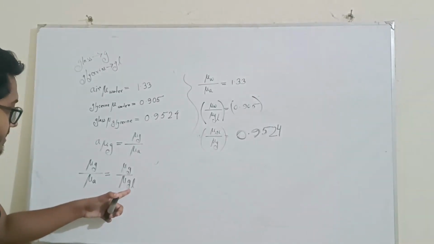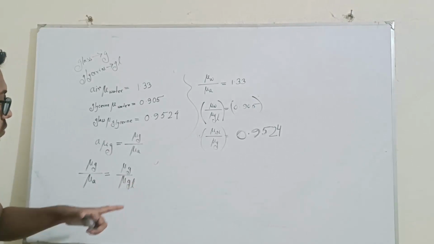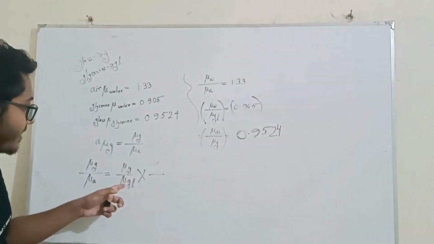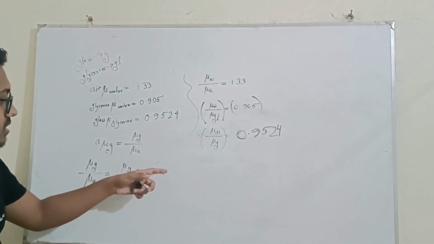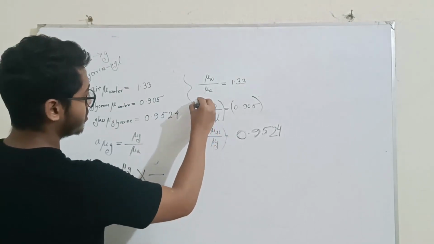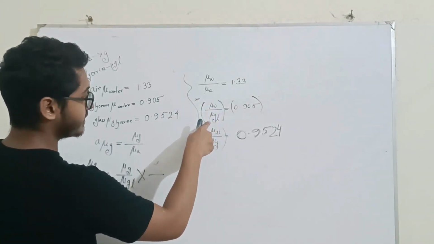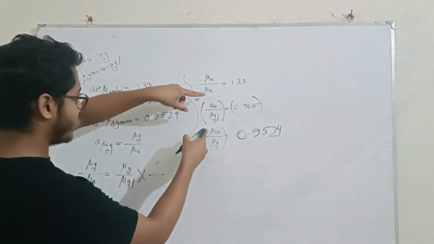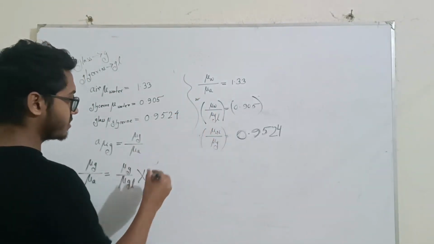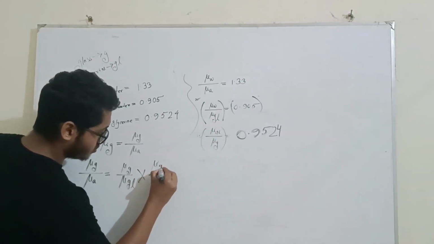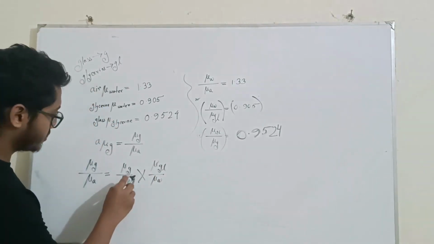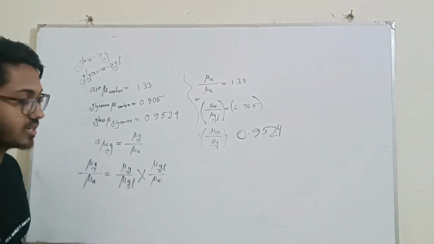So to cut this refractive index of glycerin, we have to multiply with the fraction that will have refractive index of glycerin on the numerator side. So see, in this equation we have refractive index of glycerin on the denominator side. So if we put the inverse of this equation, we'll get the refractive index of glycerin on the top. So nu GL by nu W. So this and this will be cut.